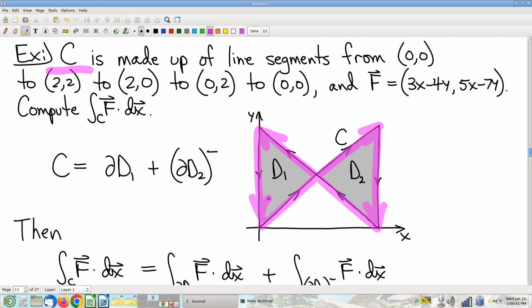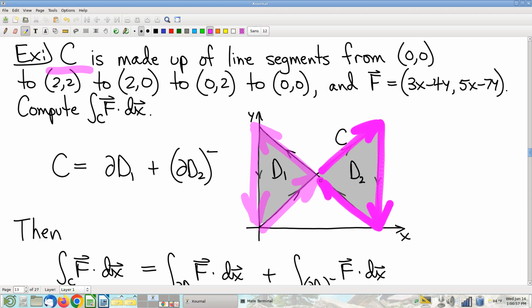I'm going to reinterpret these 4 line segments as being that plus this plus this plus that plus that plus that. That's the same thing. But it's the same pieces of curve all going the same direction.